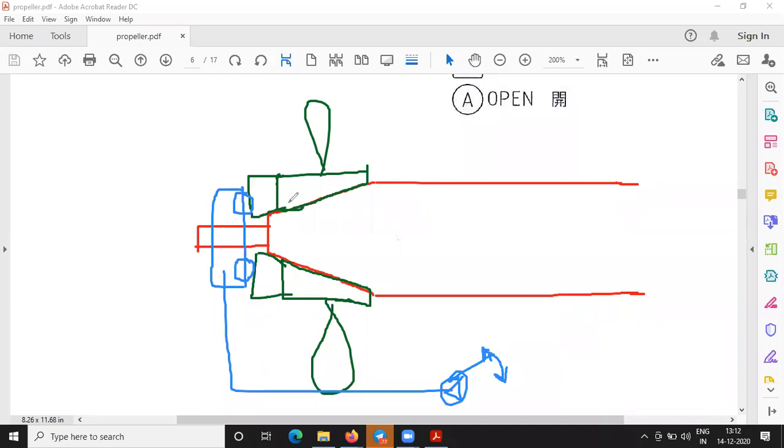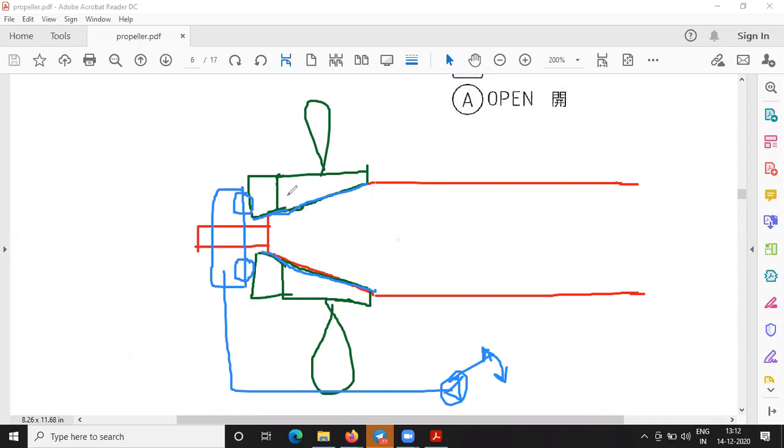Okay, now what you did, the tapered portion of the shaft is meeting the tapered portion of the boss. And there is a nut which is to push it. Now what happens, as you start applying pressure, there is a point when you need to apply more force. Why?